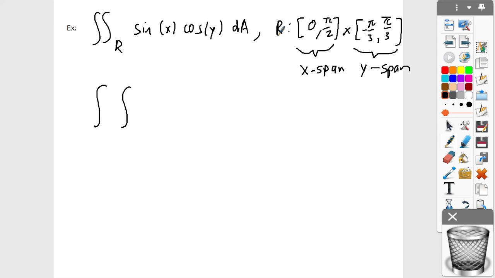So we can just do this like we do it normally. We'll do the x first, and the reason is there's a 0. How will a 0 make it easier? I will show you. Sine x cosine y dx dy.